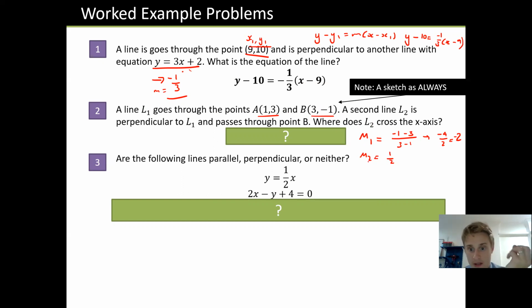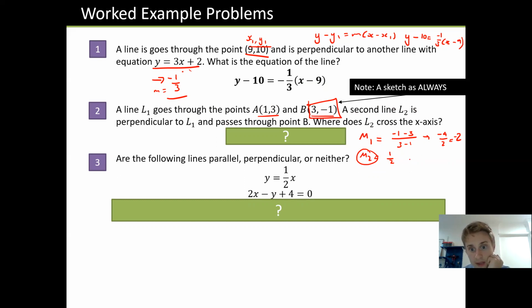Now, if I want to find the equation of this line 2, I've got its gradient, but I need a coordinate as well. A second line L2 passes through B. So look, I'm going to use that coordinate again. That coordinate is actually quite special because both of the lines go through that. So I'm using that in both of the calculations.